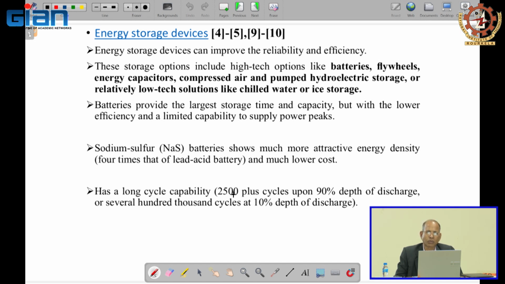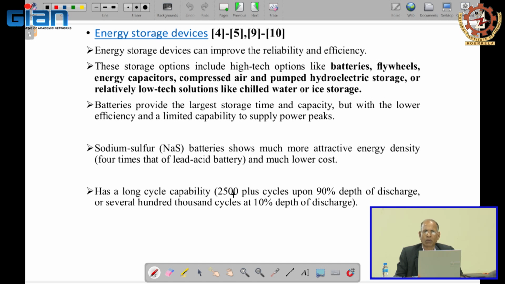In mechanical systems, we can have compressed air, which can also act as a storage system. Then a very popular type of energy storage system which we use in electrical power systems in bulk quantity is called pumped hydro storage systems. So this way we have a wide variety of options for the storage system.